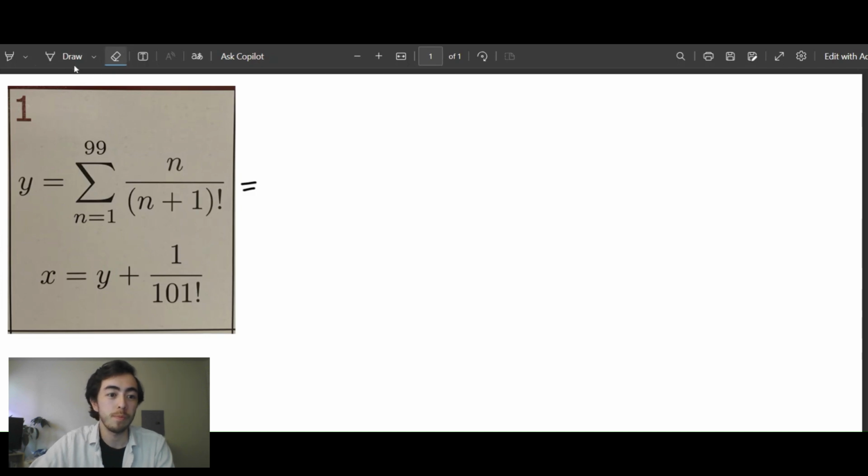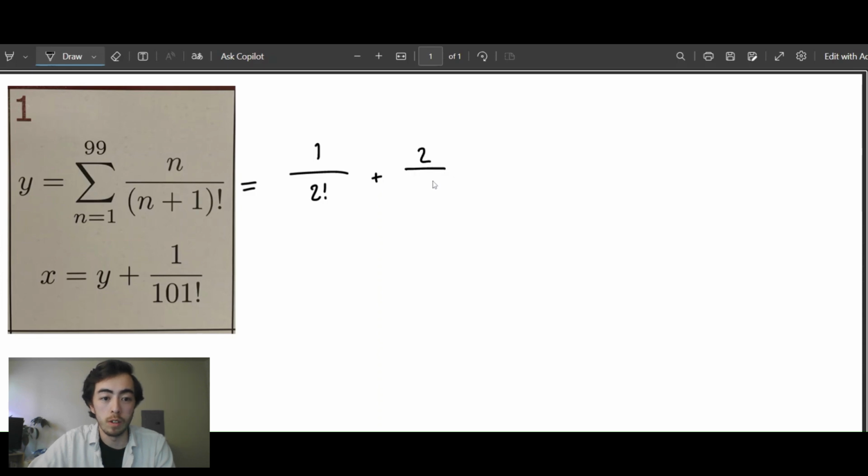So when n is 1, I see a 1 over 1 plus 1 factorial. So that's just 2 factorial. Then I'll add 2 over 2 plus 1 factorial, or just 3 factorial. And then 3 over 4 factorial. And so essentially, it's just going to follow this pattern of incrementing up by 1 all the way until we reach the 99th term in this sum.